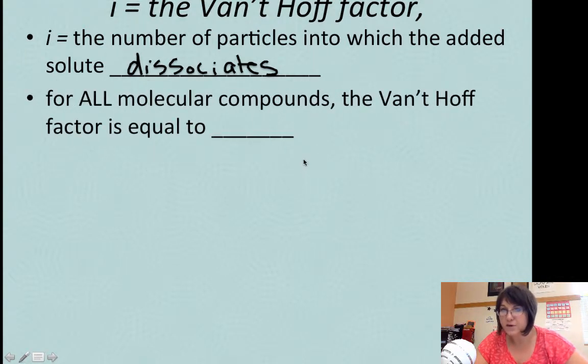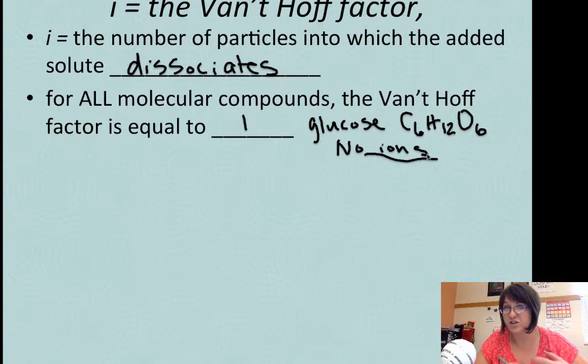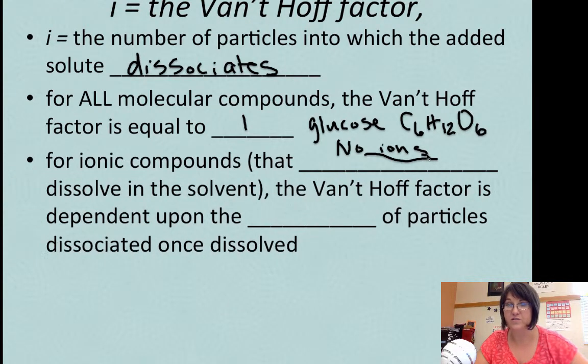For all molecular compounds, the Van't Hoff factor is equal to 1, because for something like glucose that is made from 6 carbons, 12 hydrogens, and 6 oxygens, there are no ions in the solution. The particle doesn't break apart into ions or charged particles, it just dissolves in the water all in one piece. So that Van't Hoff factor is 1.